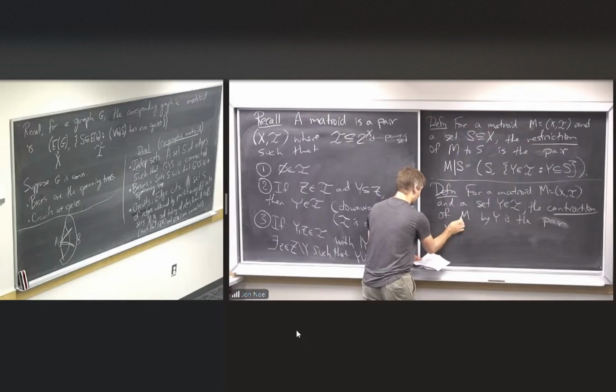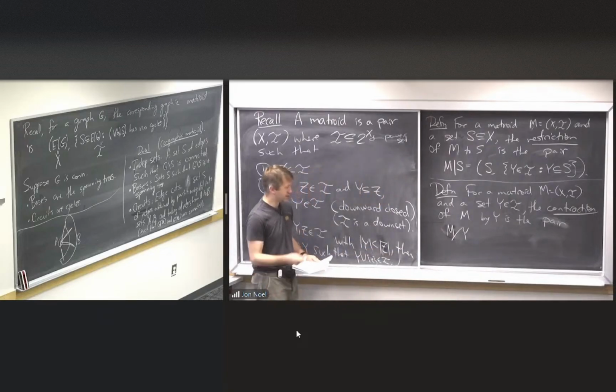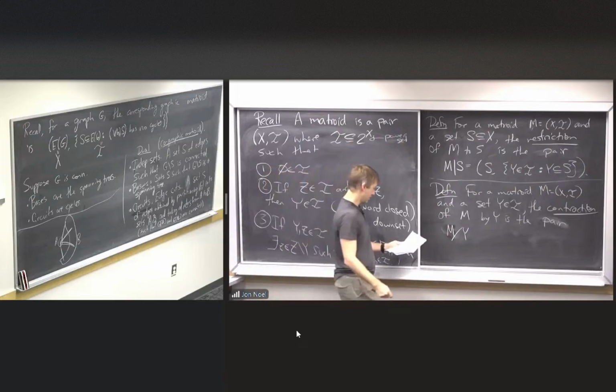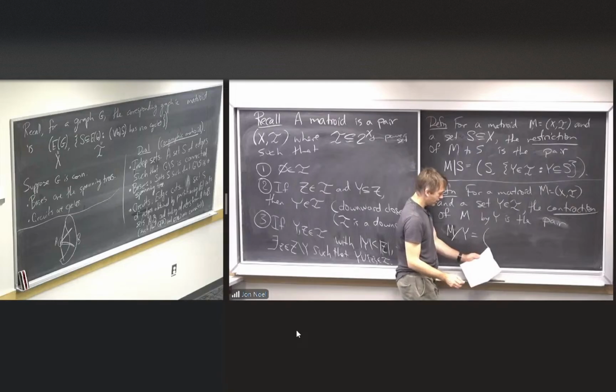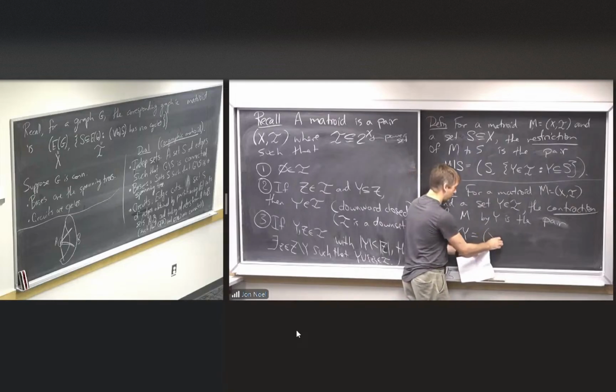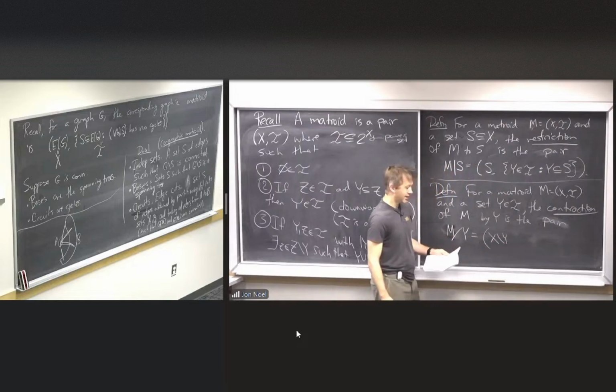We'll write this as M divided by Y in some sense, like a diagonal slash. It's going to be the pair where the ground set is X take away Y.